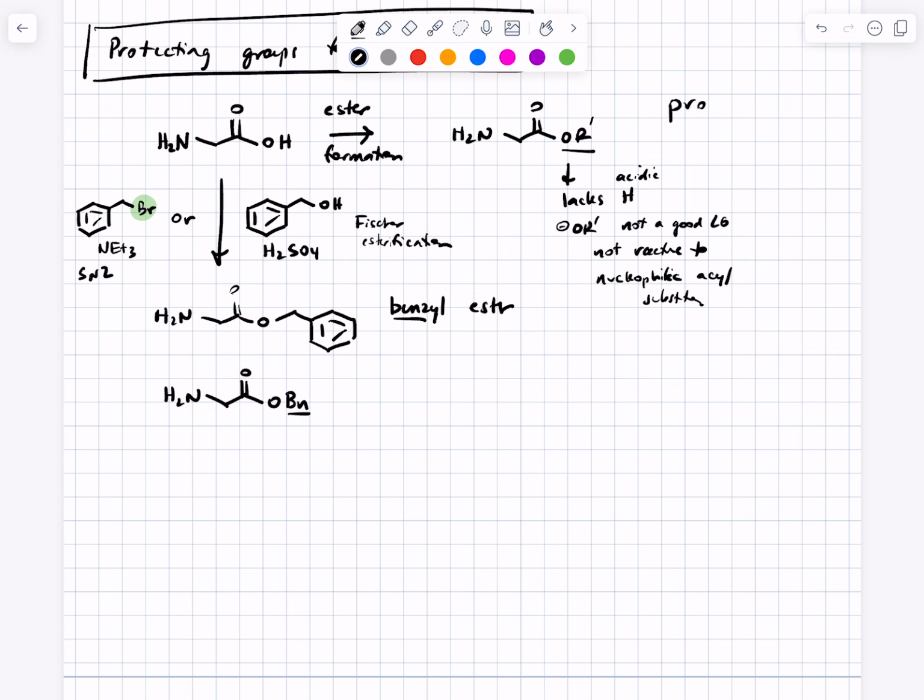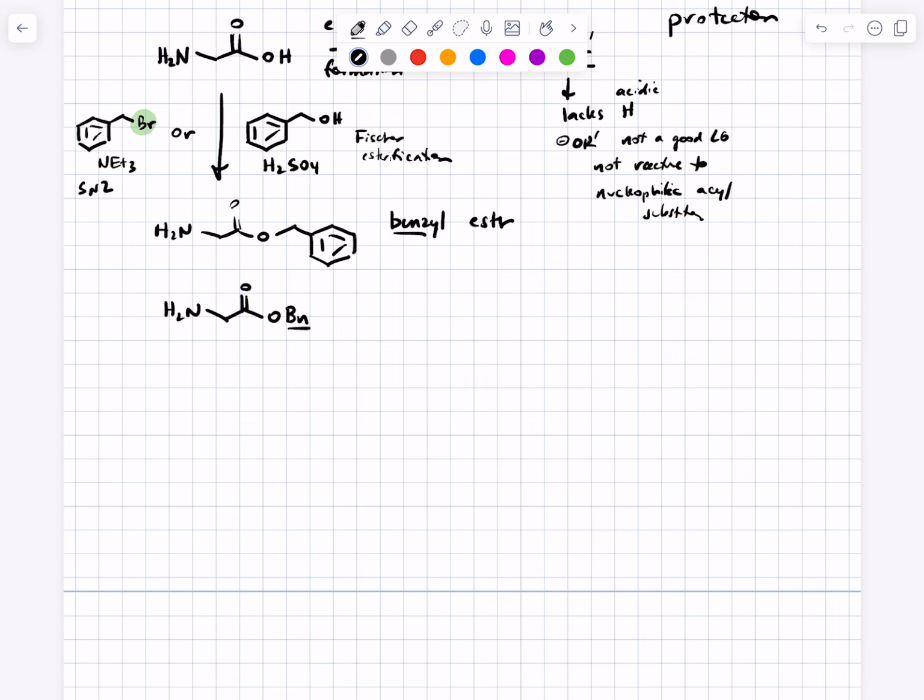Let's talk about deprotection for the benzyl ester protecting group. Of course, there are a lot of ways you can think of to remove esters. You could do base induced saponification.